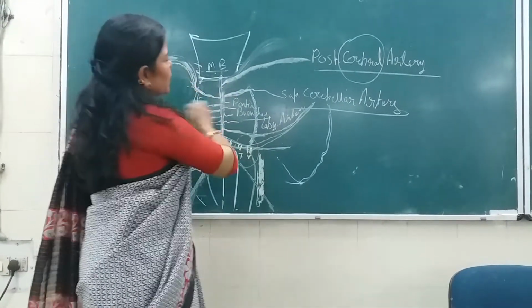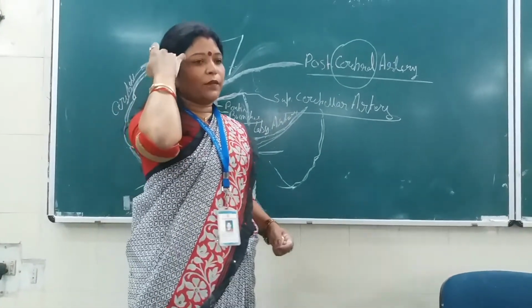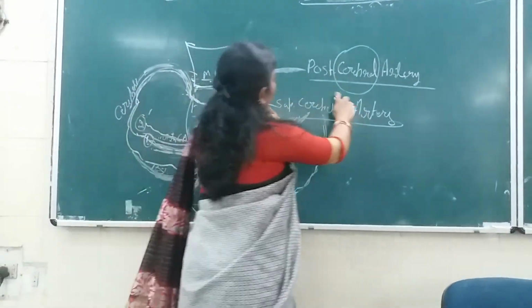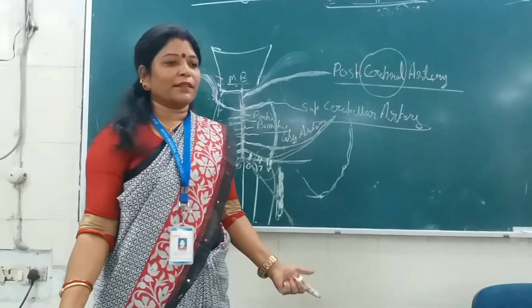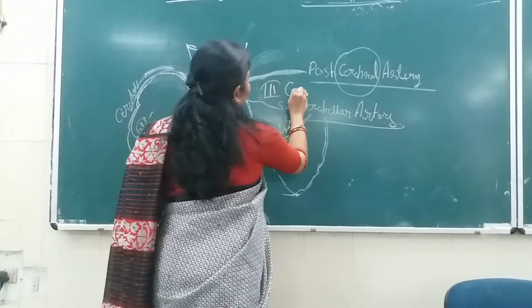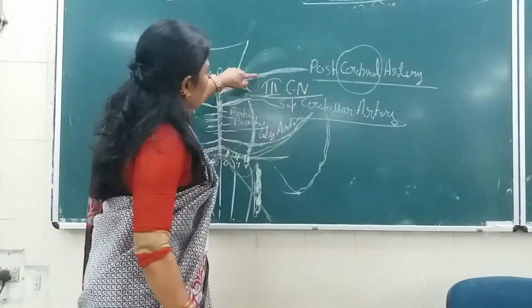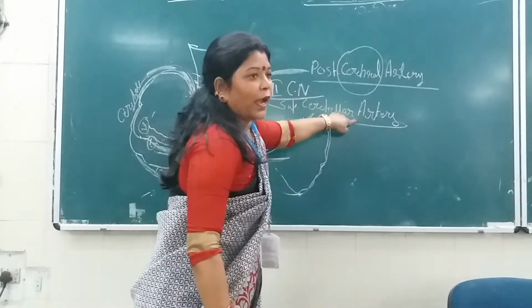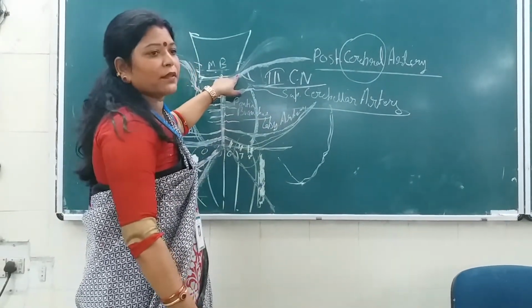A very important point asked in viva and objective: which cranial nerve lies in the interval between the posterior cerebral artery and the superior cerebellar artery? Third cranial nerve. It emerges in between the posterior cerebral artery and the superior cerebellar artery. And the fourth cranial nerve emerges on the dorsal aspect of the brainstem.